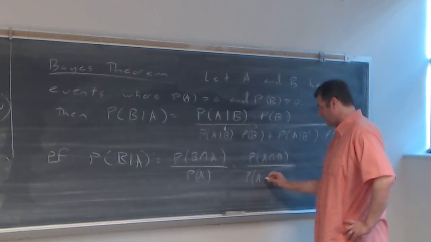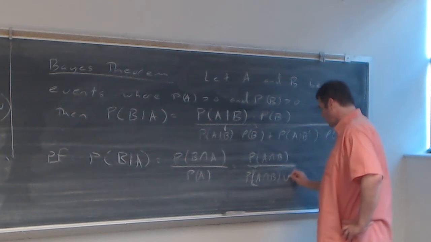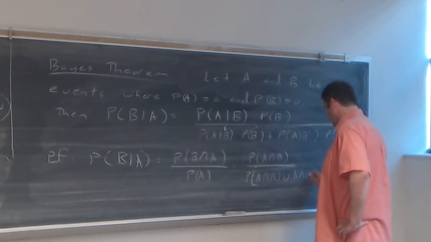A is the same thing as A intersect B union A intersect B complement.